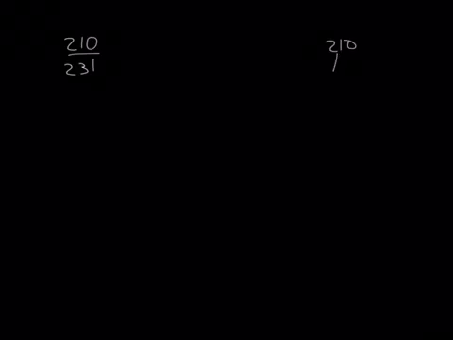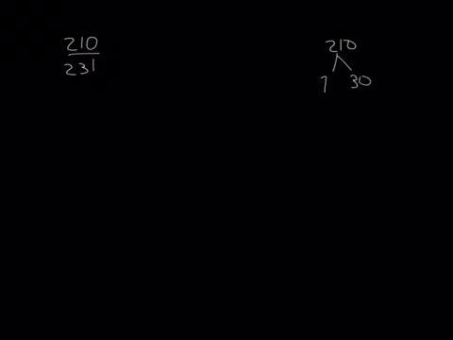So the reason that we did the product of primes, or listed the prime factors, is so that we could better reduce fractions. So if you look at example 3, we have 210 over 231. So what we're going to do is we're going to take the 210 and we are going to use the factor tree.